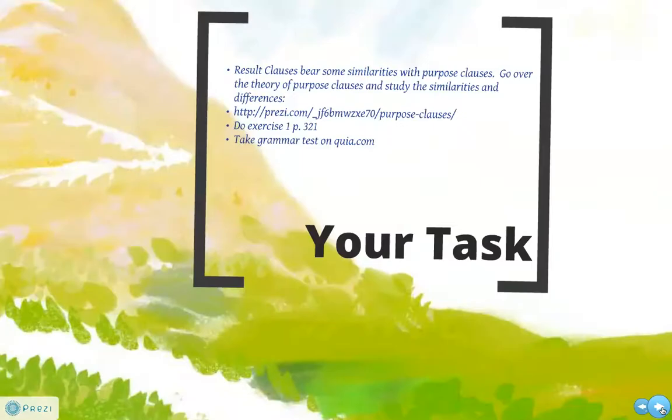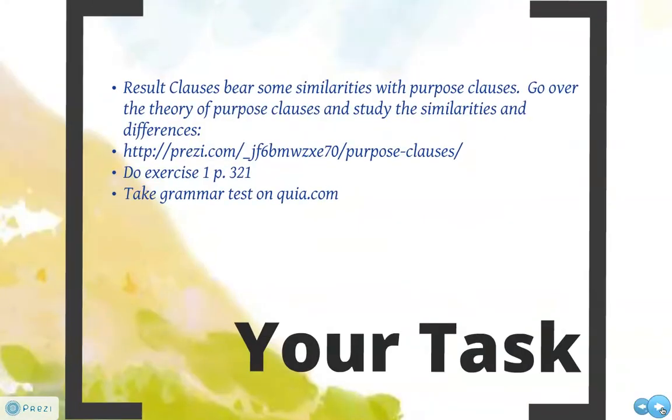Now, what you need to do is to review what we had seen about purpose clauses. If you click on this link right over here, that's the presentation that I gave you much earlier about purpose clauses, and try to see how purpose clauses and result clauses are similar and how they are different.